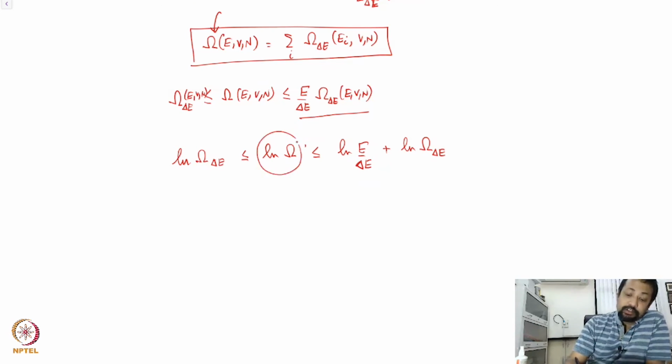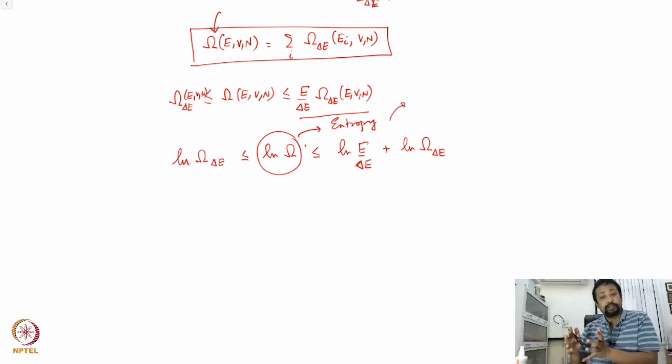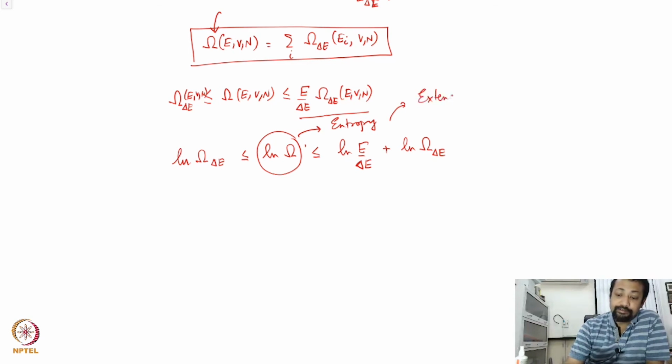Note that this is the one which enters the entropy, right? On the other hand, this is the total number of microstates, and the log of that is therefore an extensive quantity.